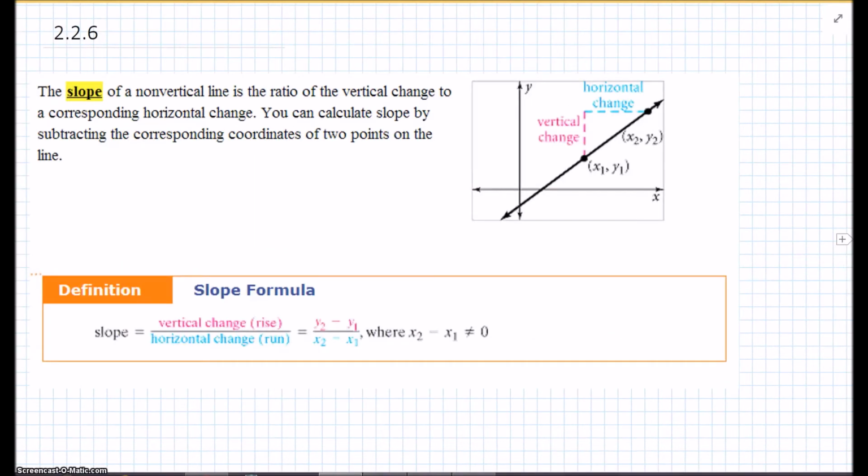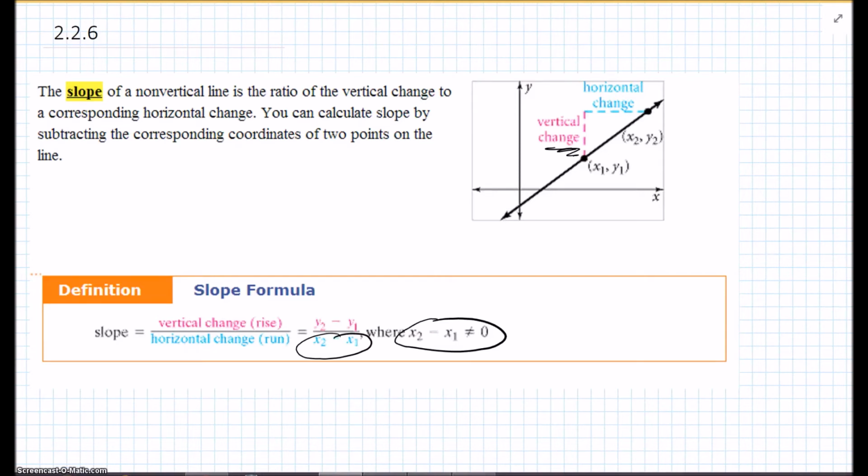Next example. The slope of a non-vertical line is the ratio of the vertical change to the corresponding horizontal change. You can calculate the slope by subtracting the corresponding coordinates of 2 points on the line. So again, it's going to be vertical change over horizontal change, where x2 minus x1 is not equal to 0.